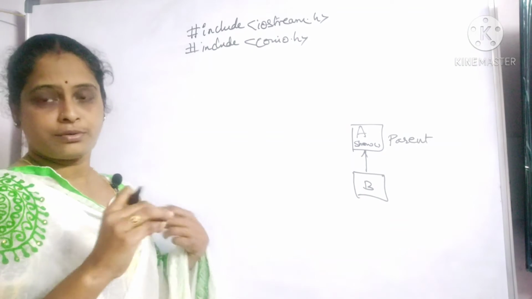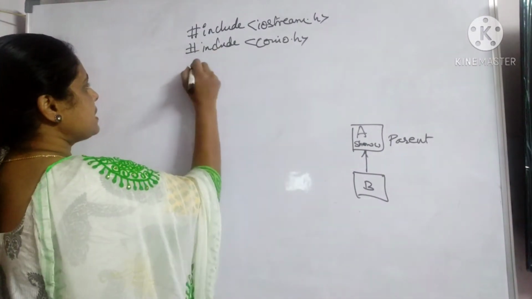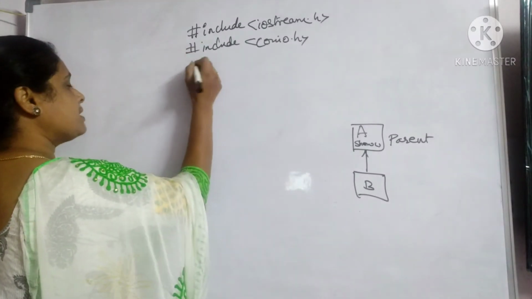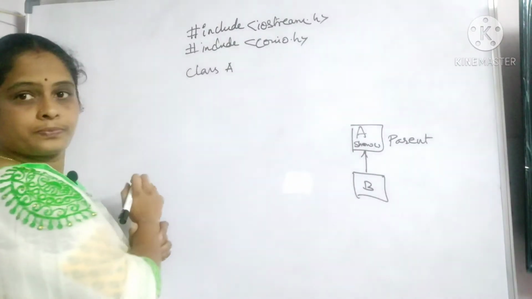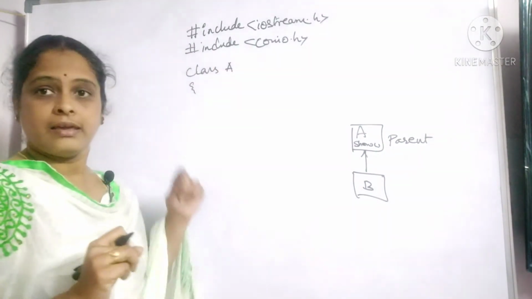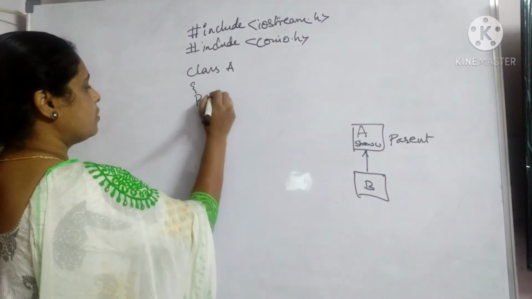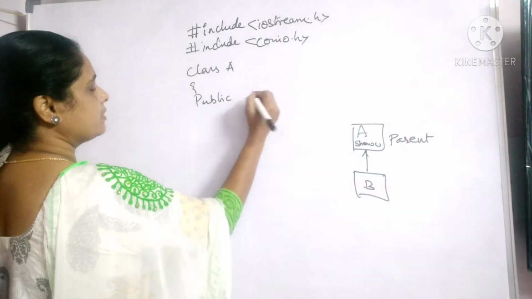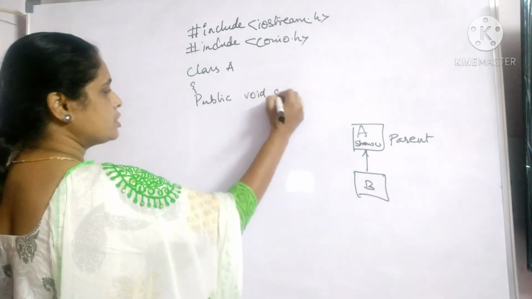Now I'm going to create a parent class. Let the class name be class A, as we have taken here. Now let us suppose that class A has a method in the public section: public void show.